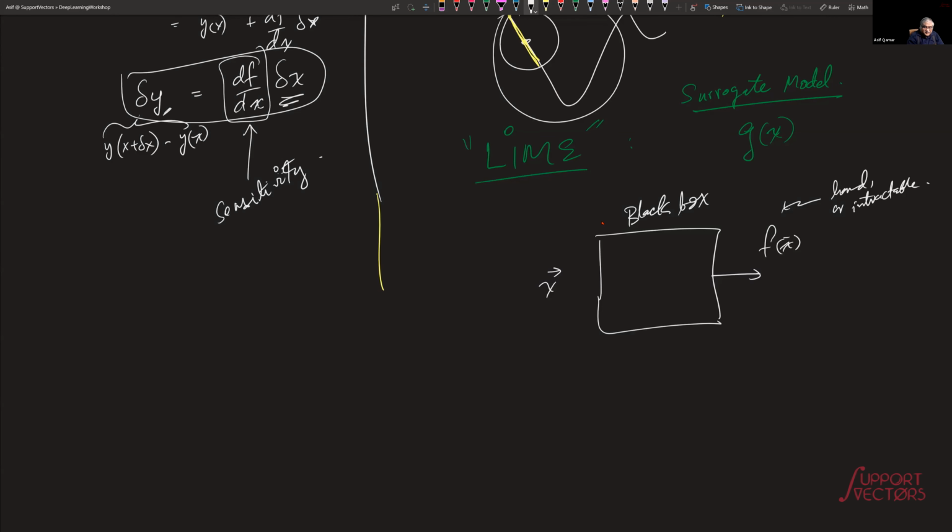Instead you create a model which, given X, produces G of X, where G of X is very similar to F. When you do that, you have created a surrogate model. You have come up with a simpler explanation of F.